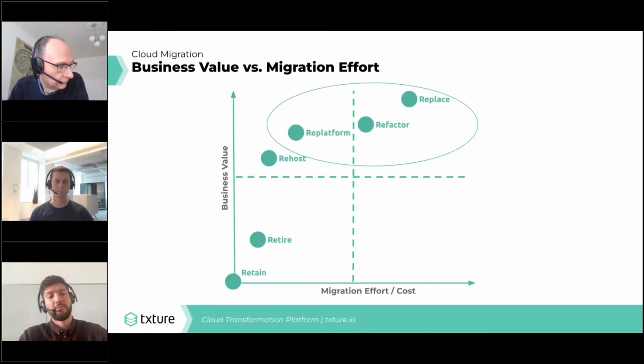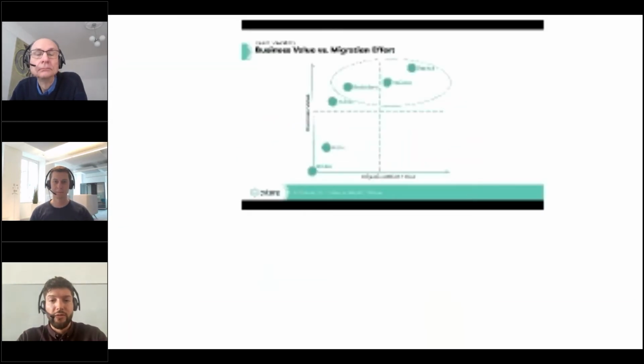Any questions so far? If not, then this is just maybe a quick overview of the 6 R's that we talked about, or that we're going to talk about. Anything that's on here is basically along the business value and the migration effort or cost. Obviously, retaining something is always going to be the cheapest option, or not.